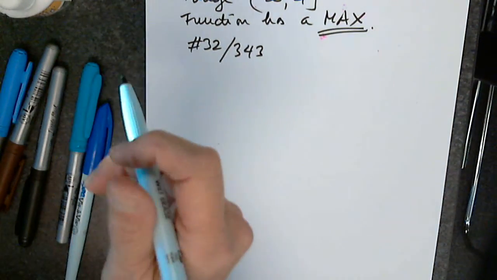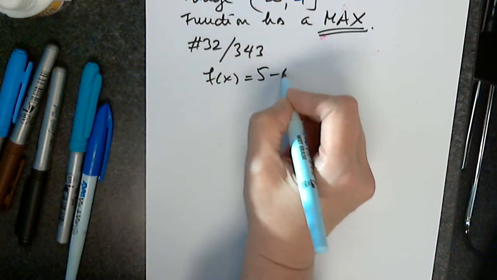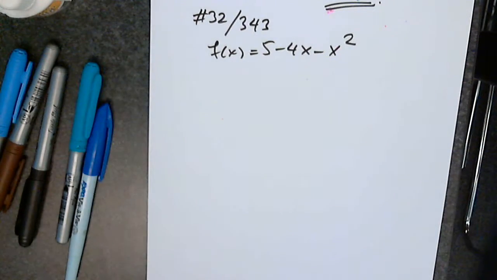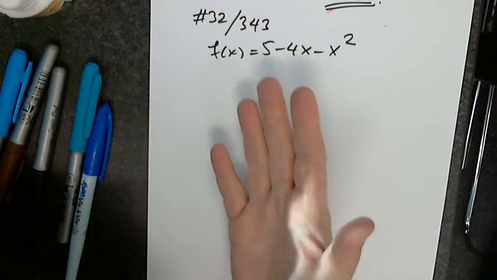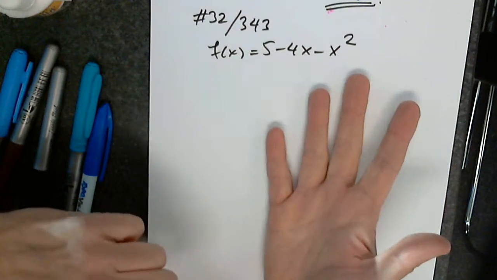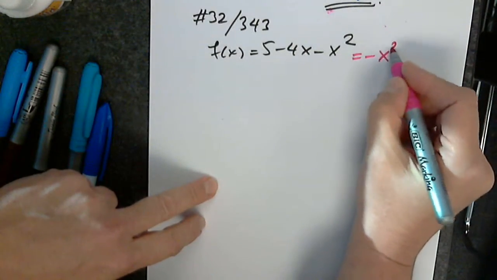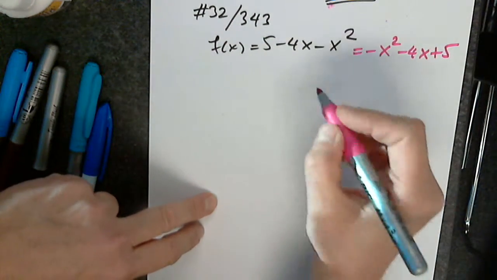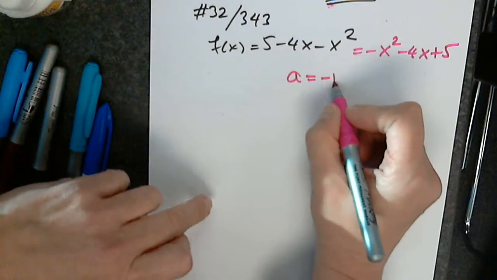So the function is f of x equals 5 minus 4x minus x squared. Again, I know from the previous course that a quadratic function or any polynomial function should be presented in descending order. So I will rearrange as negative x squared minus 4x plus 5. And I know that the leading coefficient is negative 1.